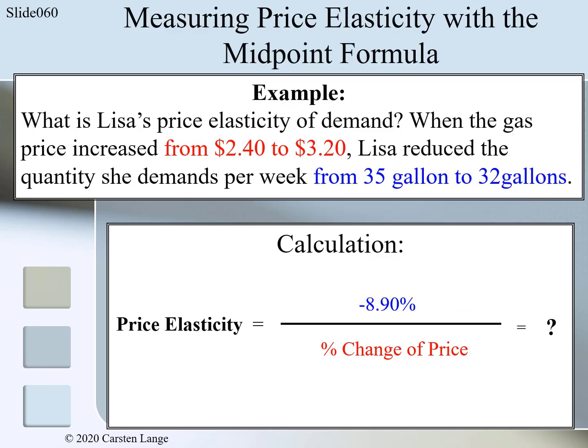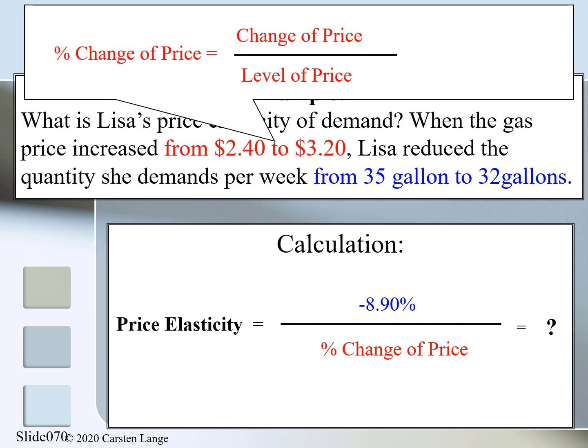Because we don't know the percentage change of price, we have to calculate it from the numbers of the example using the midpoint formula. First you have to calculate the absolute price change, which is 3.20 minus 2.40. The new value minus the original value, and the absolute price change is $0.80.